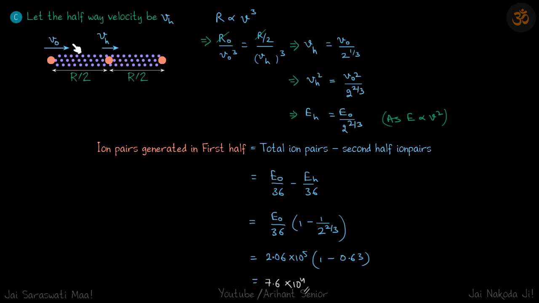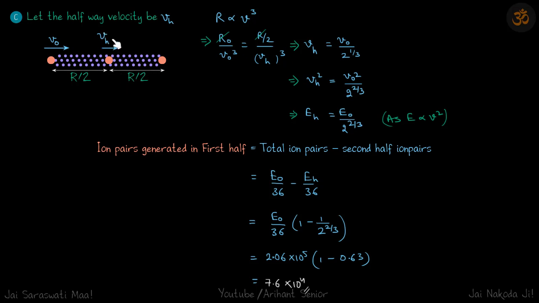So once again, I'll quickly explain the approach. We know V naught, and we need to find how many ions are formed here. For the rest of the half path, because the alpha particle comes to rest here, the same formula applies from here to here as well. So for r by 2, we can find Vh.